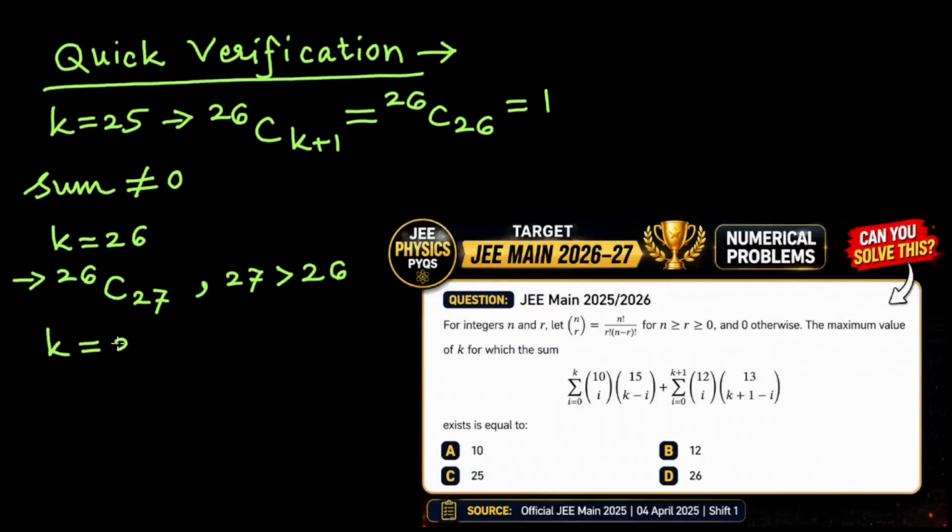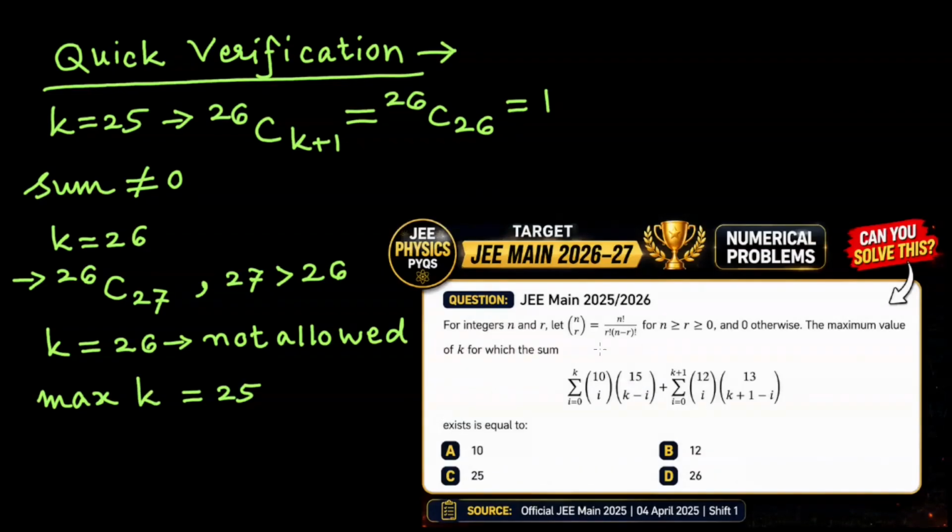Therefore, k equals 26 is not allowed if the sum is required to exist as a non-zero value. Hence, the maximum value of k is definitely 25. Therefore, the correct answer is option C, 25.